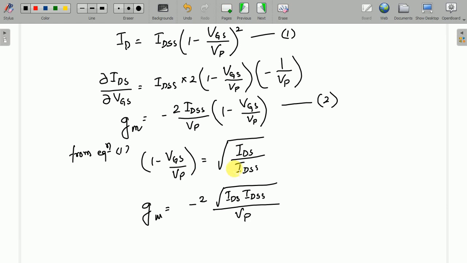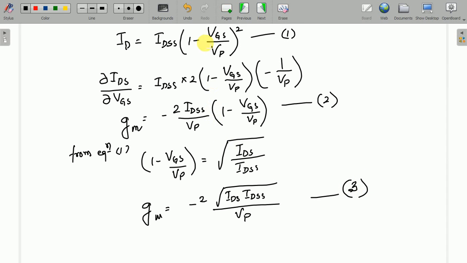Under root IDSS makes IDSS, and this VP stands here. So we get minus 2 under root IDS into IDSS divided by VP. Let me give this equation number 3.